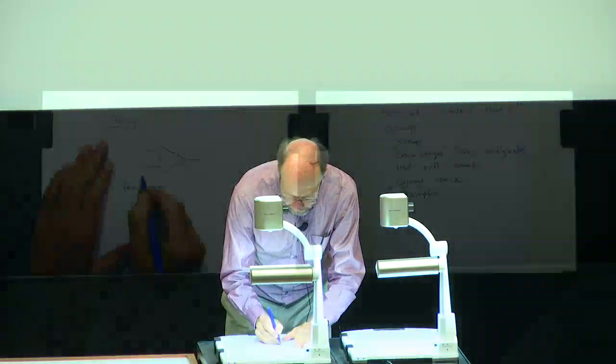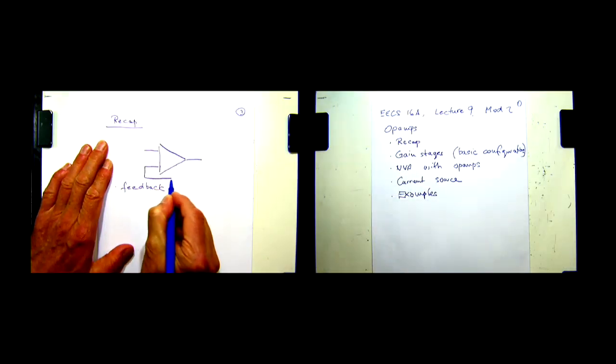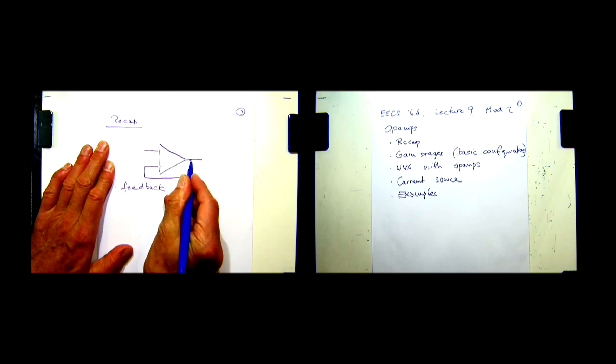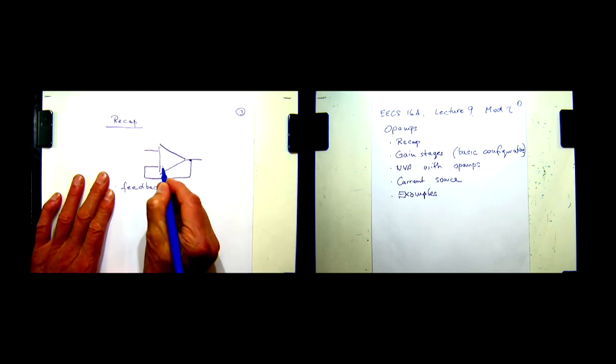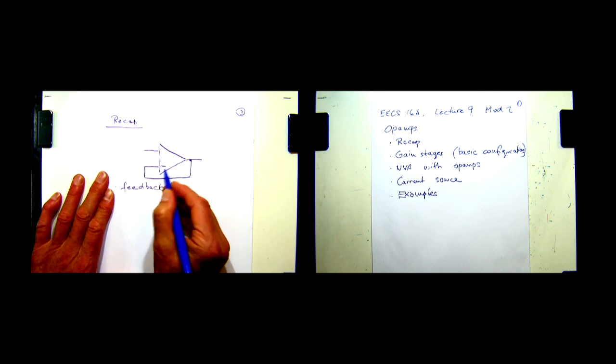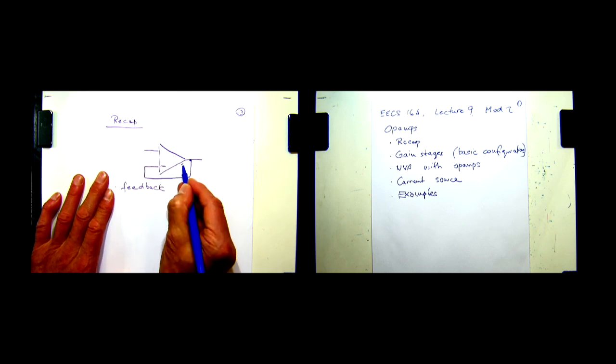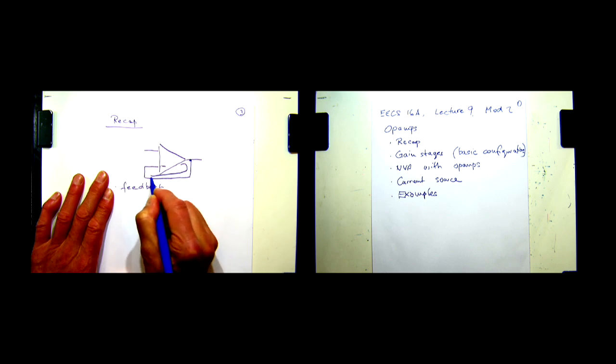So we're going to put something like this. Now, this is a feedback loop. How do we make sure that this is negative feedback? Okay, we connect it to the minus terminal. So whenever there is a feedback loop, that means that there is a path where we can go from the output of the operation amplifier back to one of its inputs.